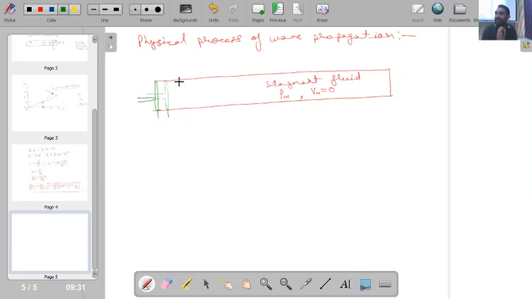Because of this compression there will be some difference of pressure, and that difference of pressure will try to propagate a wave.